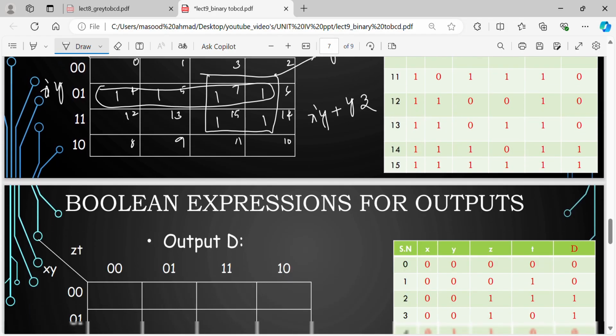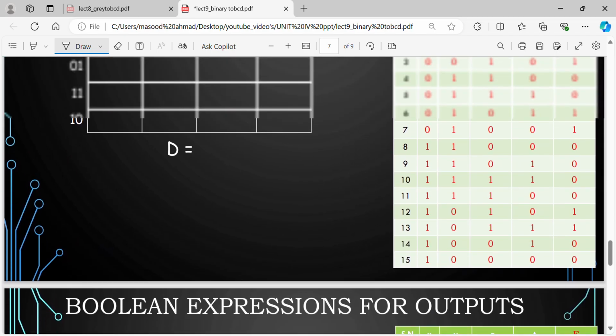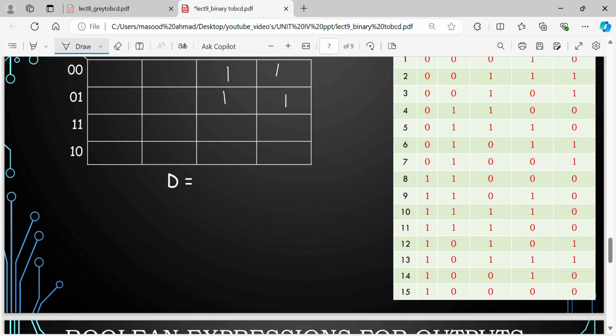Now let us look at the D part, that is output D. Then we will look at output E. In D, if you see here, for 2 and 3, where is 2? This is 2, this is 3. Then for 6 and 7, this is 7, this is 6. Then it is 1 for 12 and 13. Where are 12 and 13? This is 12, this is 13.